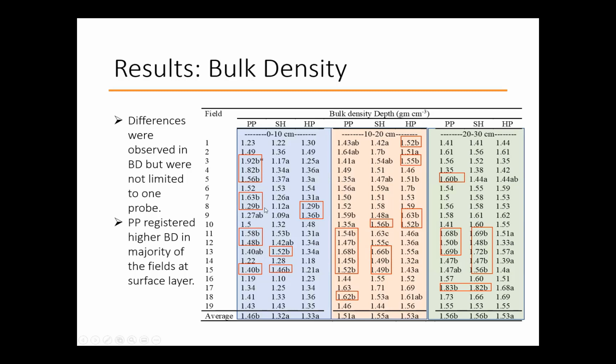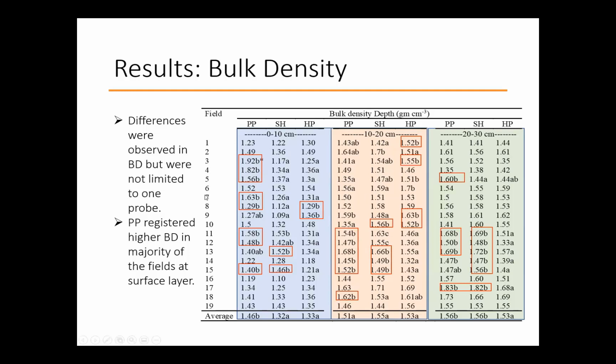One reason for this could be that the push probe has a smaller diameter, so it tends to exert more pressure as we shove it in the ground. And for both the slide hammer and push probe, when we were taking samples, the soil was usually dry, and sometimes we had to hammer them into the soil.